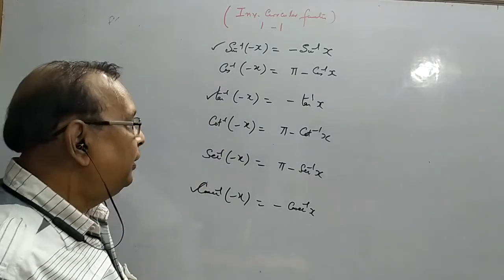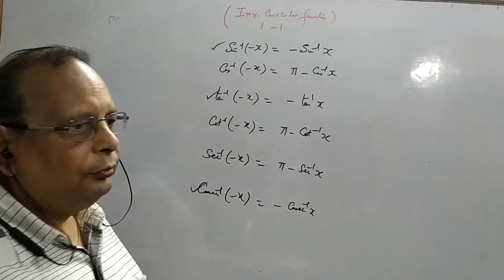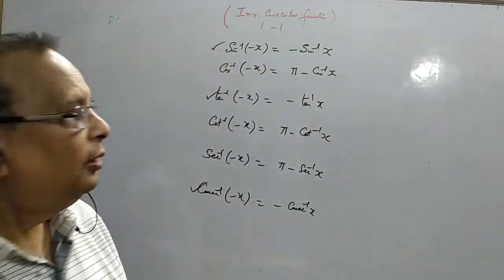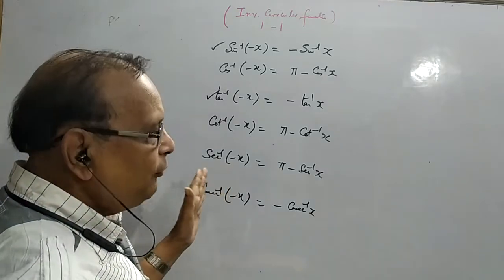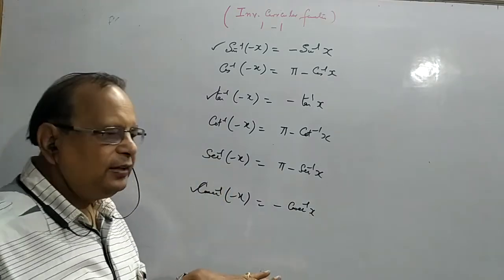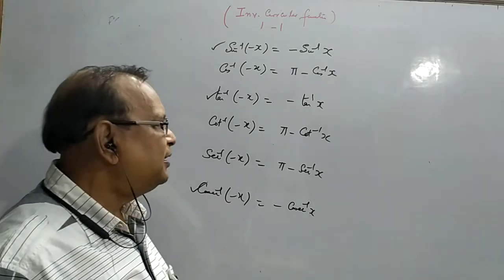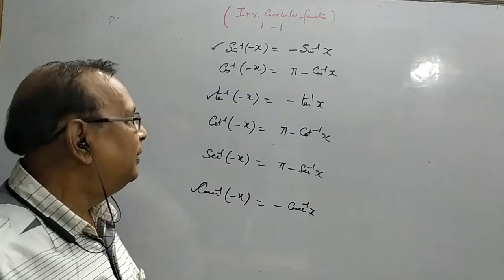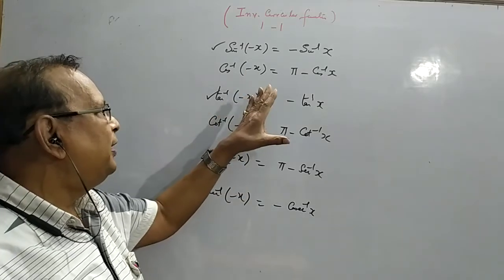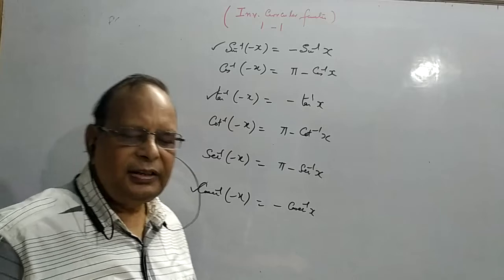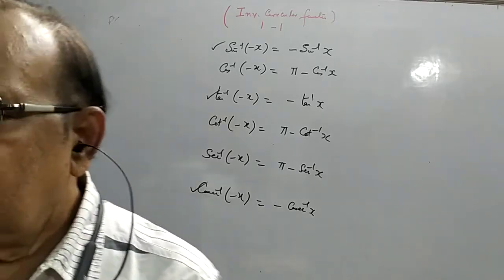How will you decide that? That is theta, that is called range. Whose range is between 0 and pi, that is in negative. For negative values there is second quadrant, so pi will be added, as we have already observed in cos inverse, cot inverse, and as well as sec inverse.